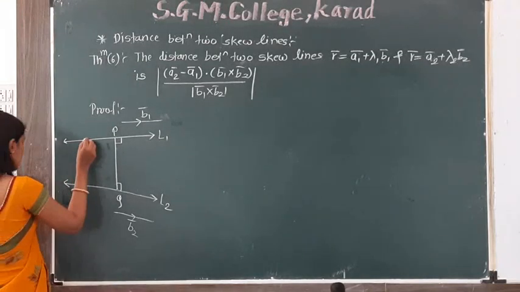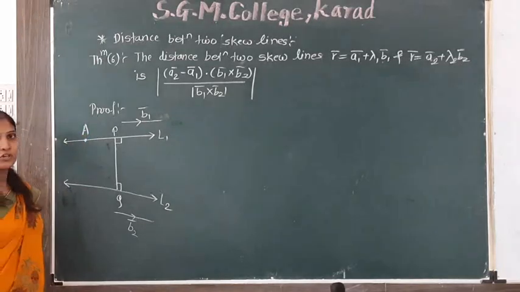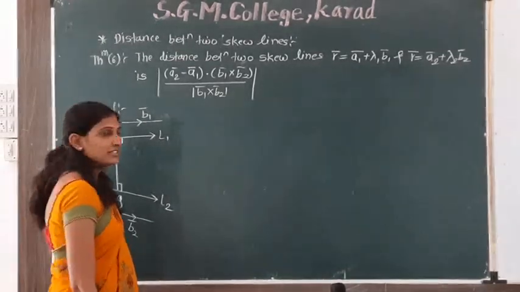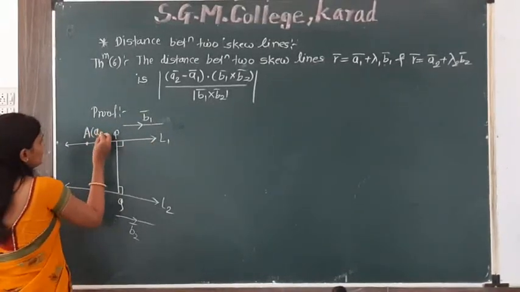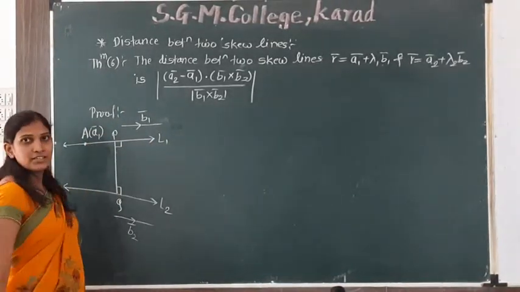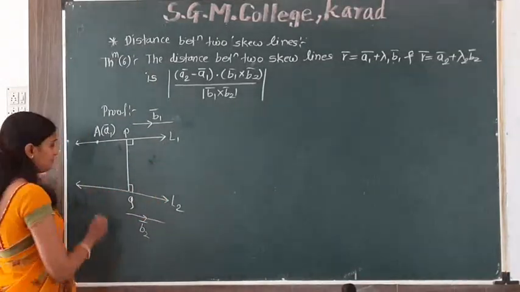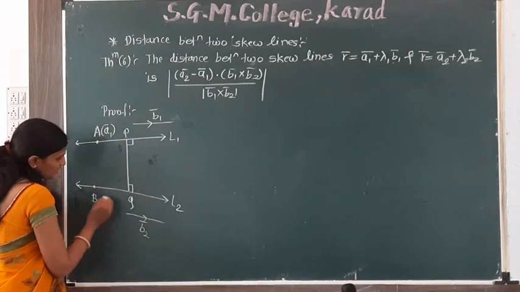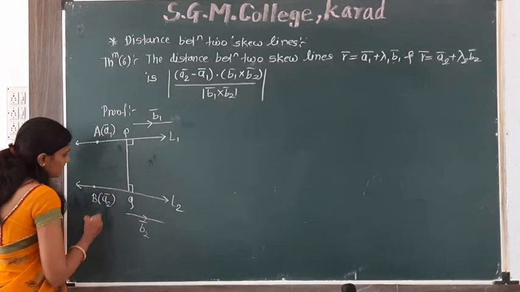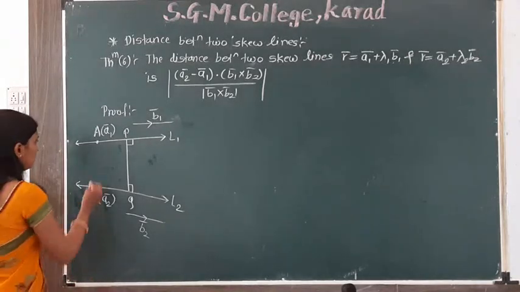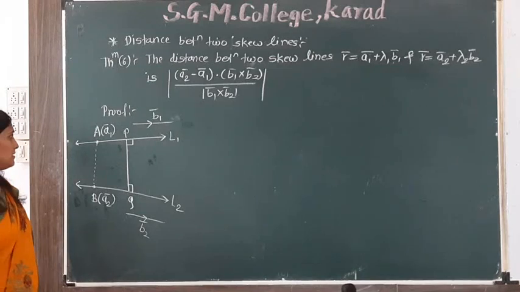Now consider any point A on the line L1 whose position vector is A1 bar, and consider another point B on line L2 whose position vector is A2 bar. We join them.